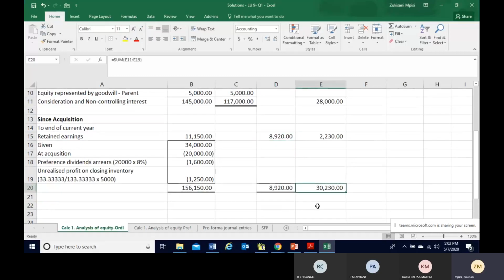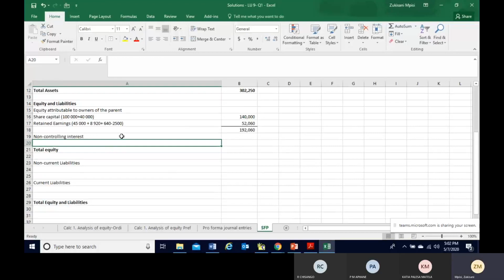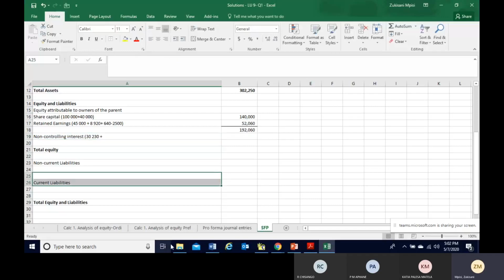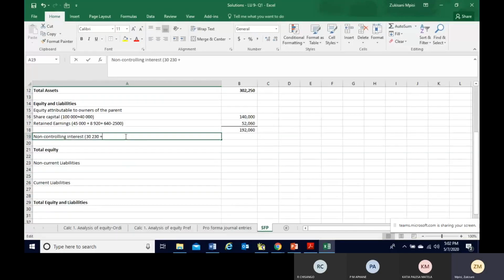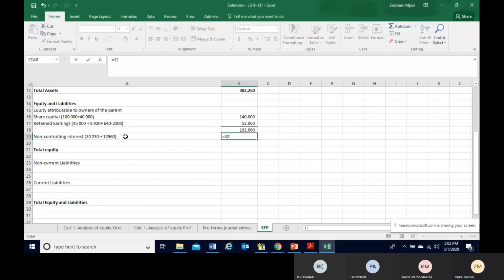So we've got 30,230 from the analysis of ordinary shares. Then the next one that we must look at is from the analysis of preference shares, which is 12,960. So 30,230 plus 12,960 is equal to 45,190. So total equity, therefore, is going to be 237,250. All right, here it's 30,230.